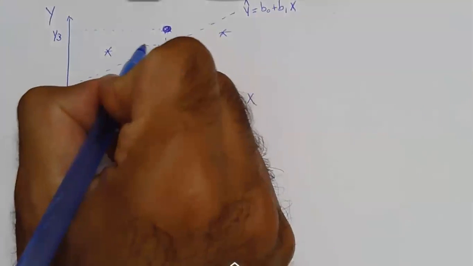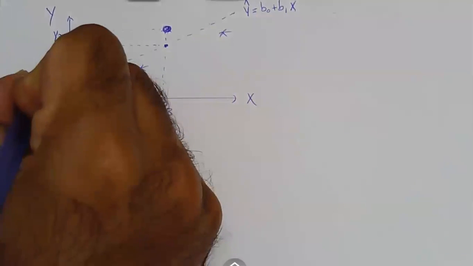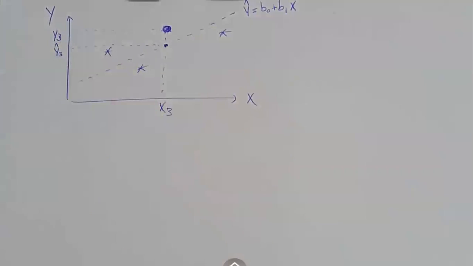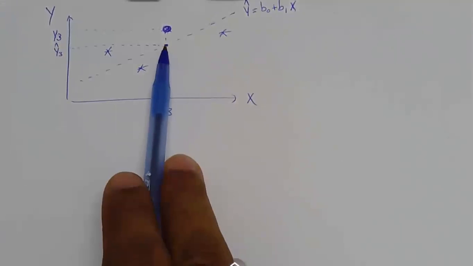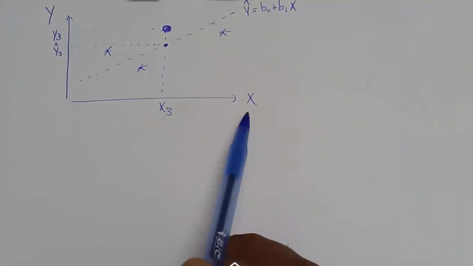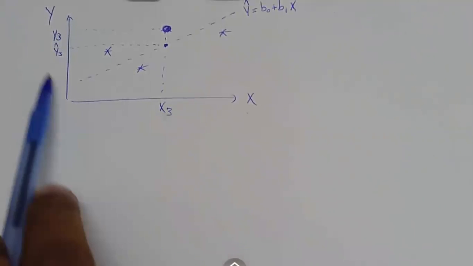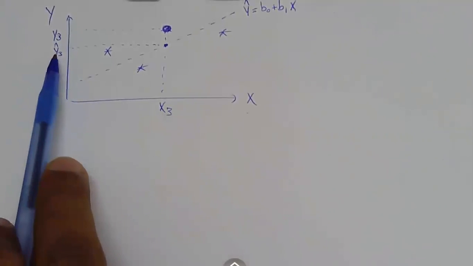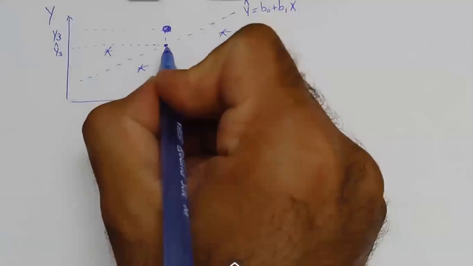So if I record this number, it would be the estimated value of y for X3. If the value of my independent variable is equal to X3, my estimated value for Y will become y hat 3. All right, so I have these two.